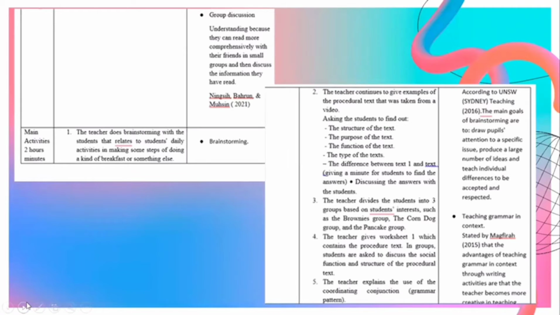Okay. The second procedure of teaching is the teacher continues to give an example of the procedure text taken from a video. So in this part, the teacher will ask students to find out the structure of the text, the purpose of the text, the function of the text, the type of the text, and the difference between one text and another text.